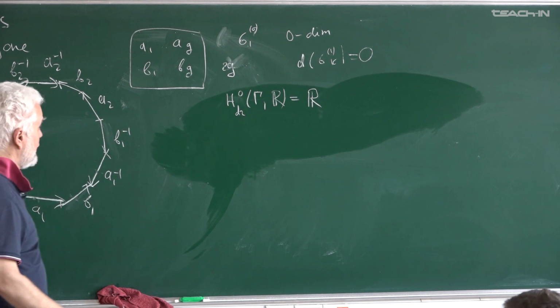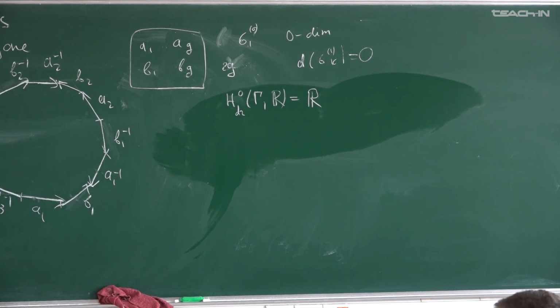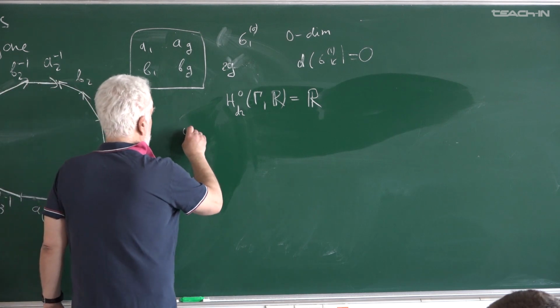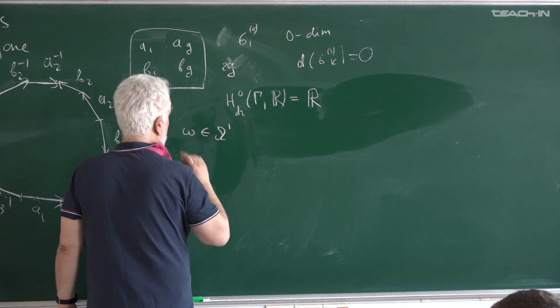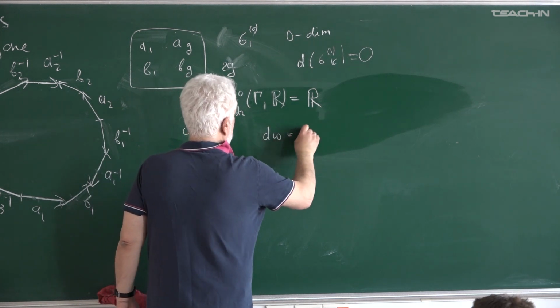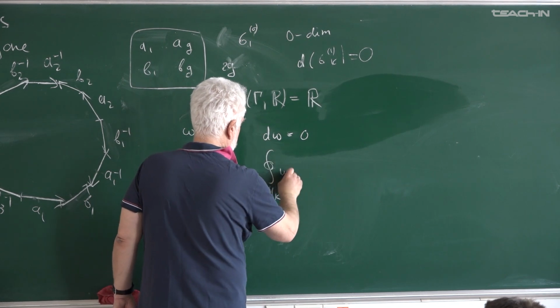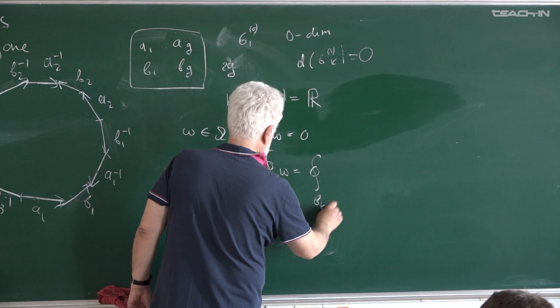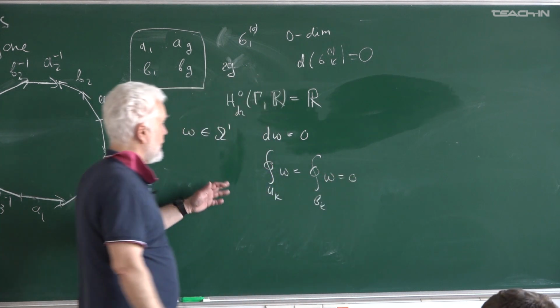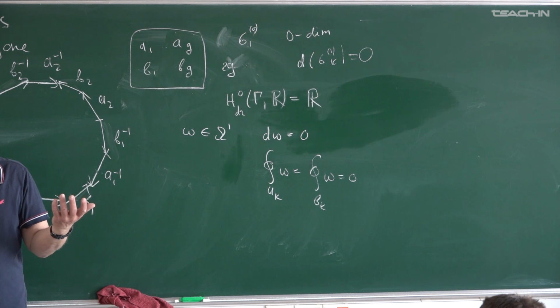To calculate H1, first of all, remark that if a differential has all periods equal to 0, it's an exact differential. If you have a closed differential, so if you have omega, a one-form such that d omega is equal to 0, and all periods are 0, then we can take the primitive of the form.